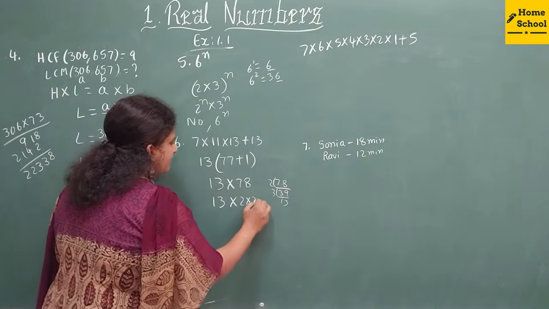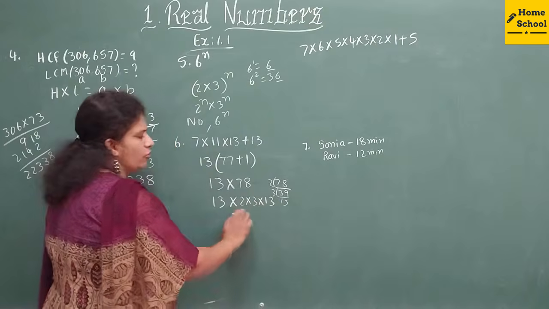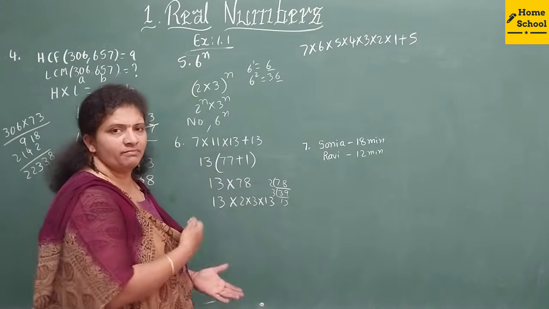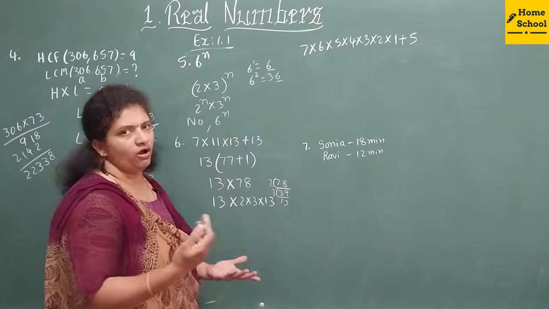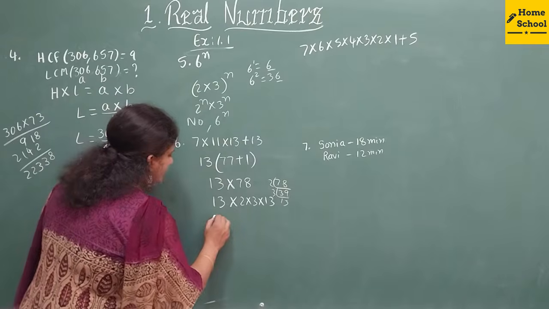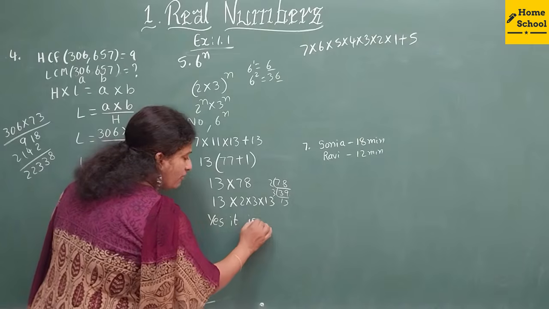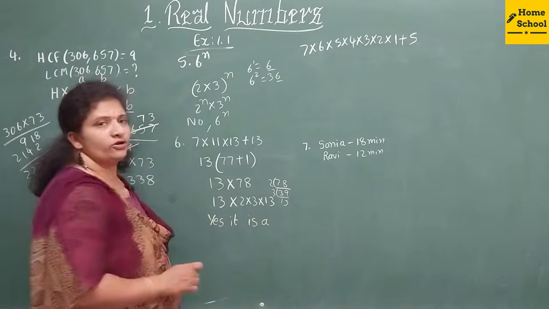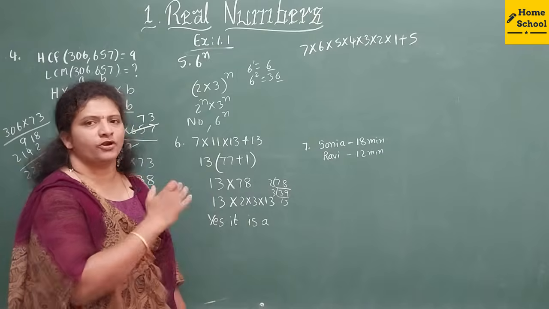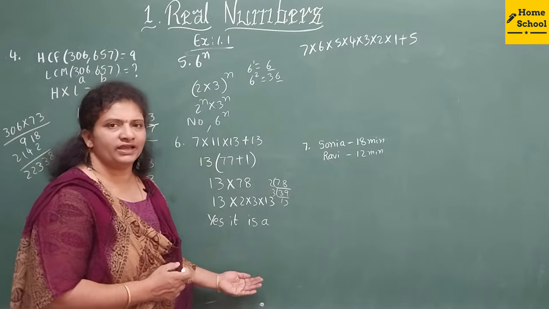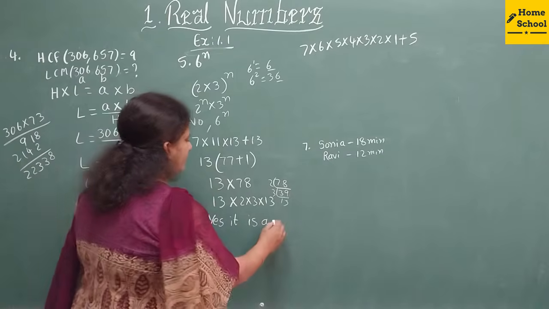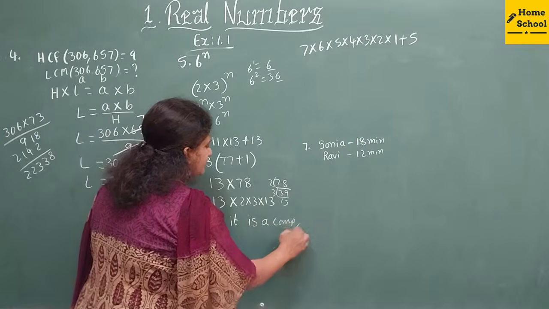So observe here, if we multiply more than two prime numbers, we get a composite number. So yes, it is a composite number. It is a product of two numbers, so we get a composite number.